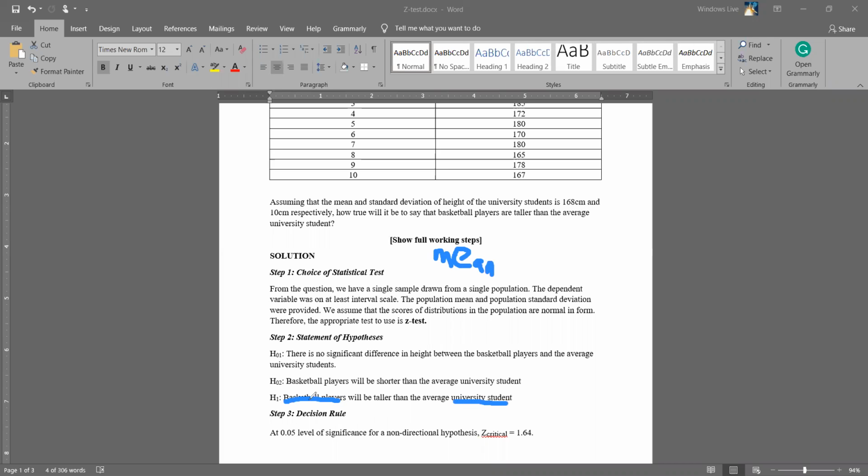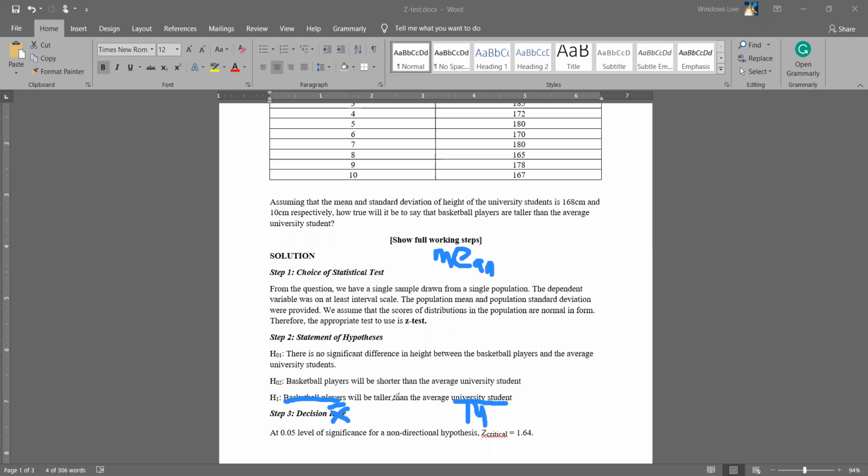Since the basketball players are the sample, you are supposed to represent them with a sample mean symbol. Then the university students, which is the population, will be represented with a population mean symbol. So we are comparing this symbol with the other symbol.